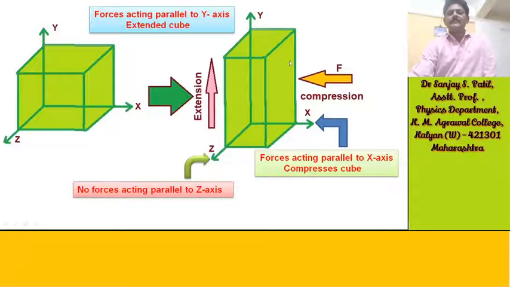Forces acting parallel to x-axis compress the cube, no forces act parallel to z-axis, and forces acting parallel to y-axis extend this cube vertically in the upward direction. From this diagram, it is clear how extension and compression take place along both the axes x and y.